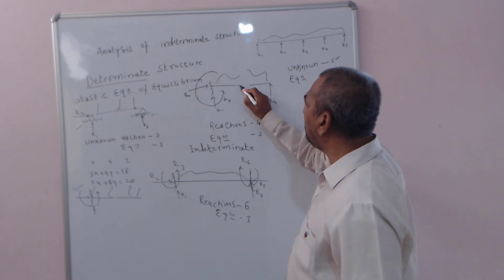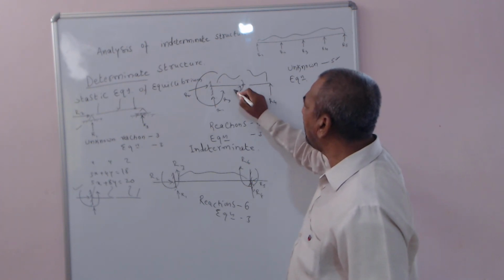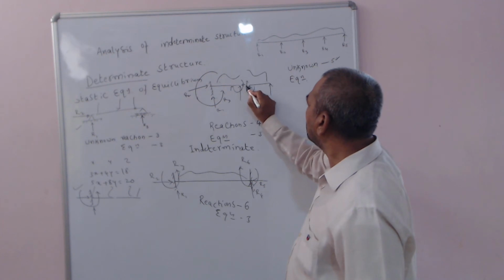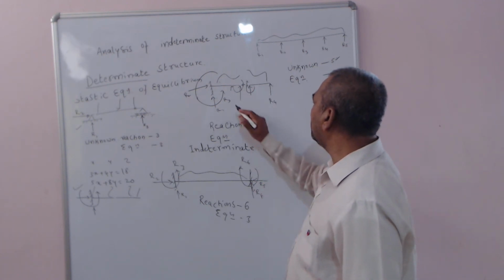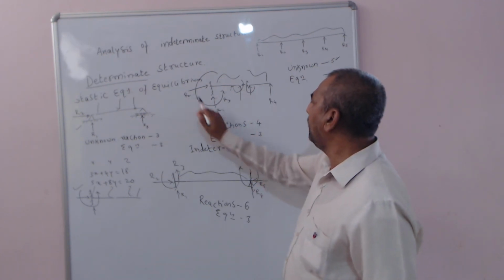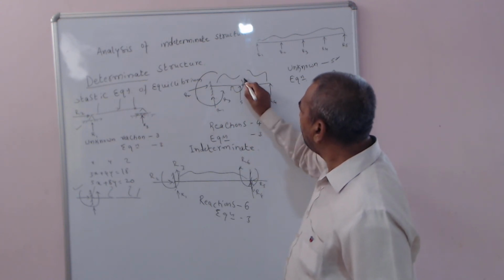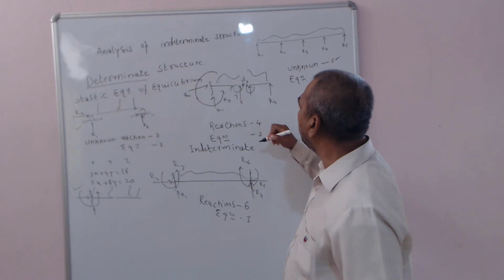If it happens to be a framed structure, at that point you are getting 3 unknowns. Check it. What is the total number of unknowns? 1, 2, 3, 4, 5, 6, 7.